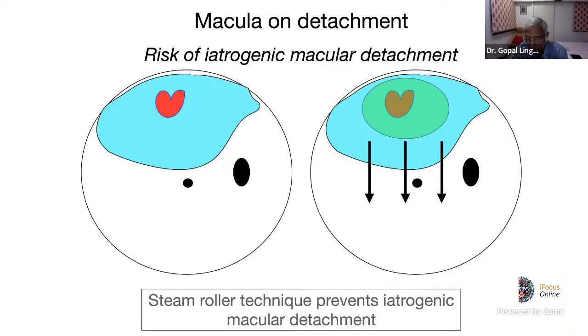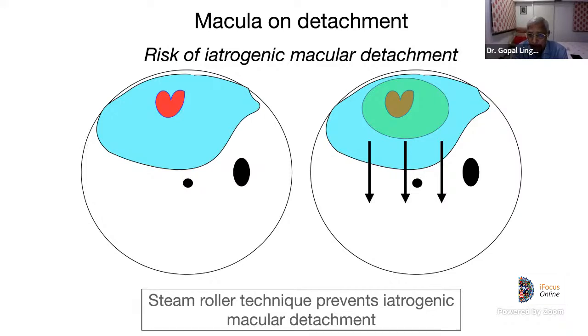When you lift the patient's head slowly, while the patient is lying prone, the gas bubble is literally kneading or pushing against subretinal fluid and pushing the subretinal fluid towards the break, because you are going to lift the head towards the meridian of the break. And hence the fluid gets pushed through the break into the vitreous cavity. And as the gas comes towards the break, the retina is nearly attached, not totally attached, but nearly attached. So there's no bullous detachment, so no fluid to be squeezed towards the macular area. So you prevent a macular detachment.